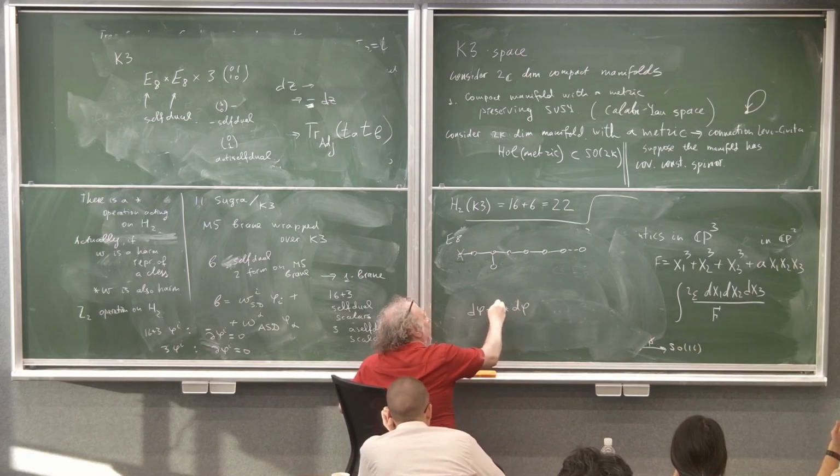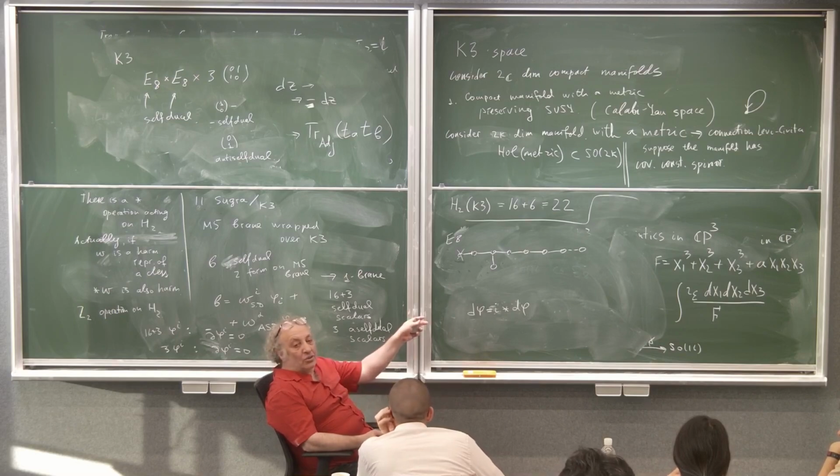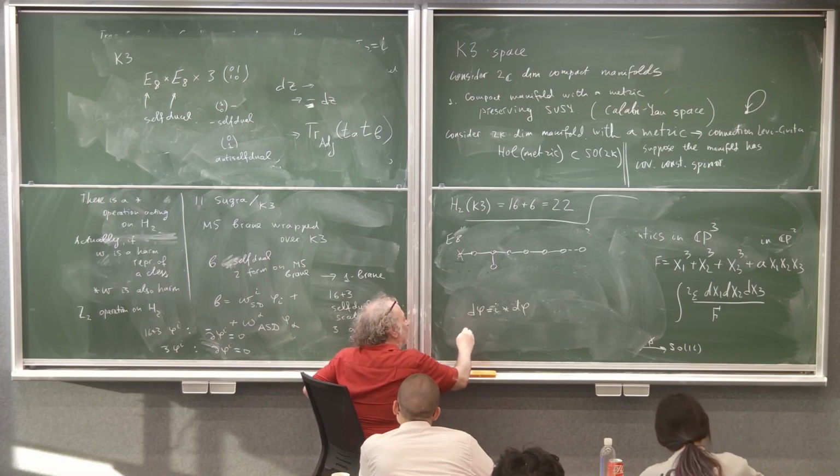So when I'm studying self-duality, there is the following phenomenon: star squared is not 1, sometimes it is minus 1. That's why in dimension 2, star squared is minus 1. So self-dual means this. So let us write it down in components.